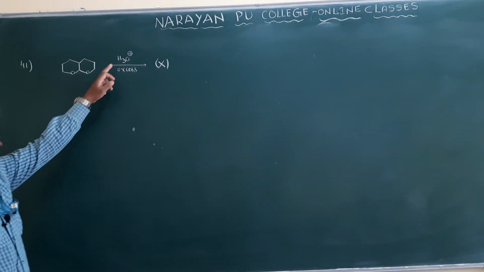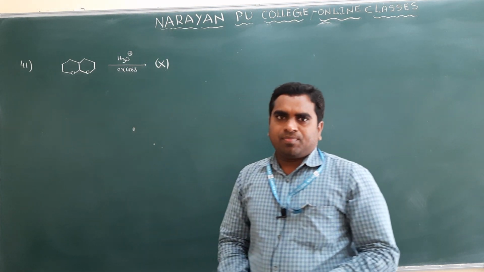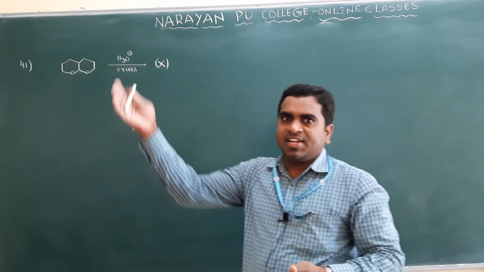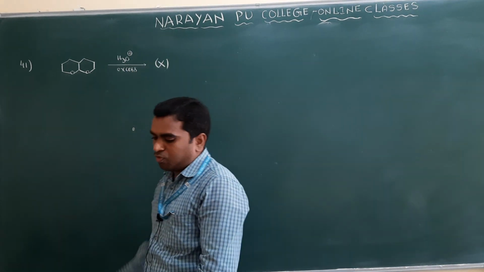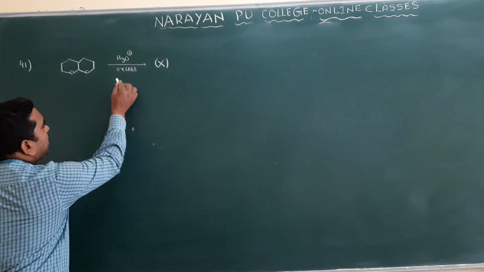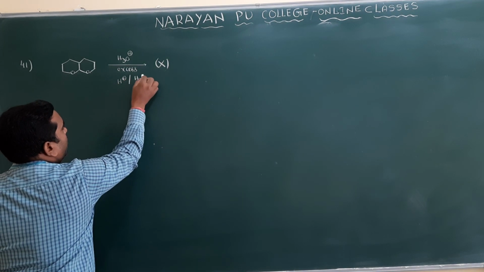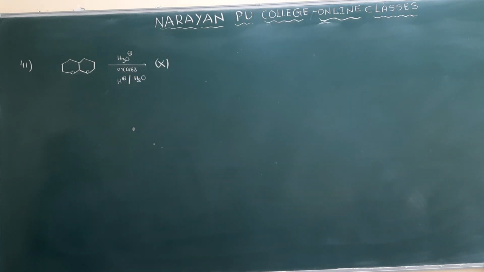H3O plus means it is an acidic medium, so we are adding H plus into the water, then water will be in the form of H3O plus ion. So what does it mean here? An acid is added into the water, that is the meaning of that.